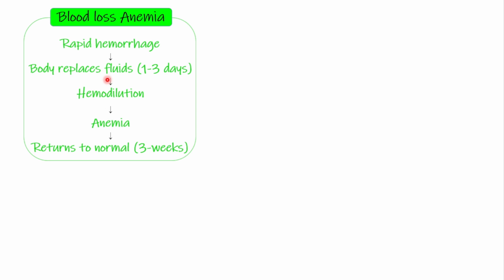This will cause hemodilution, a dilution of the RBCs in the blood. This hemodilution will lead to anemia, that is, a relatively decreased mass of RBCs or decreased concentration of hemoglobin. But this anemia will return to normal in 3 to 6 weeks, because the body will produce more erythropoietin and generate more RBCs to compensate for the loss. So this is in the case of acute loss.